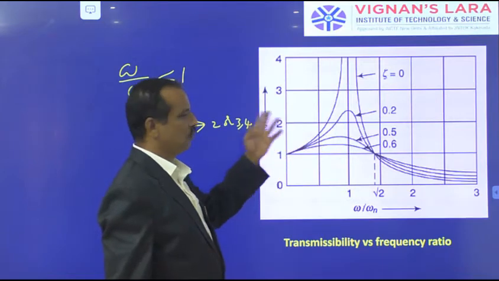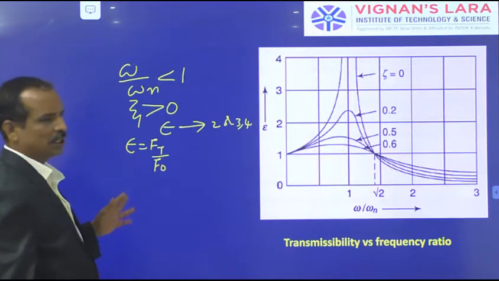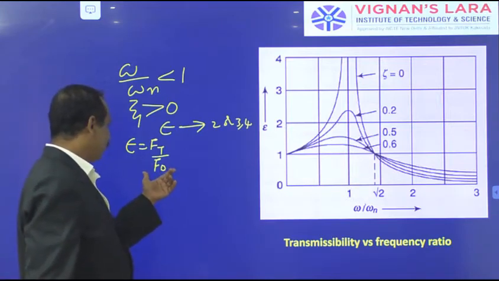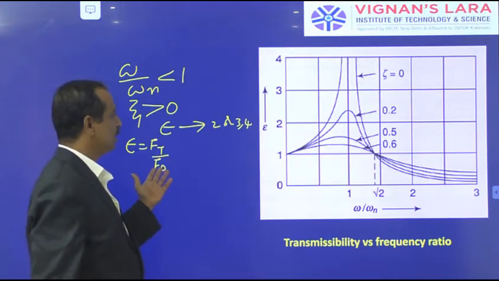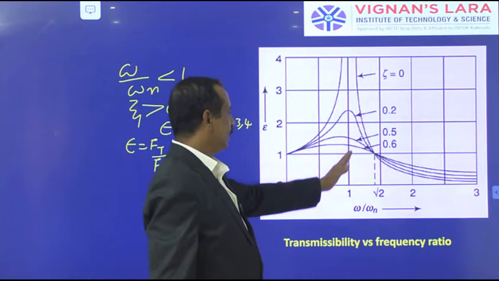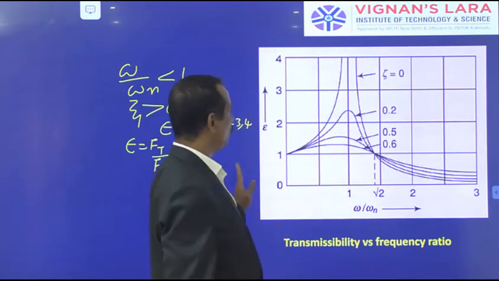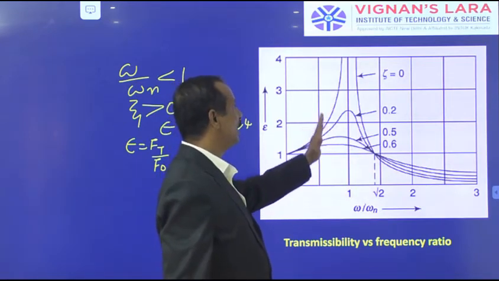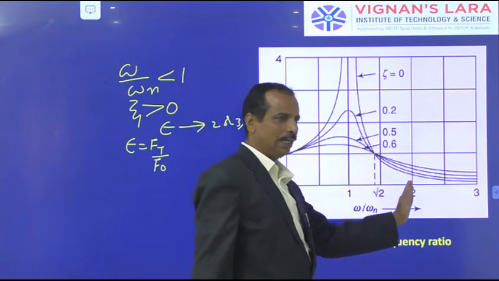Epsilon is Ft by F naught, the force transmitted to the foundation to the force applied. That means the force transmitted to the foundation is more and more. That is why at lower speeds, the force transmitted to the foundation is high, and if the zeta value is less, then it is still high. Whereas if you go beyond 1, it is going to decrease.